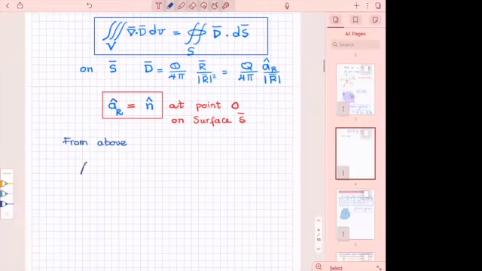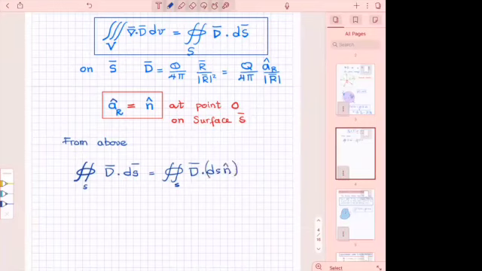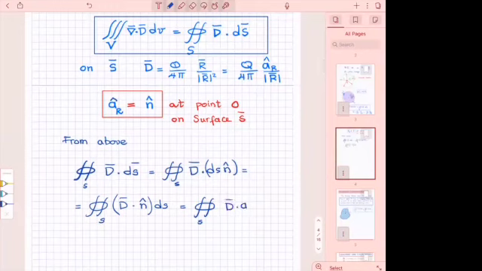We have that this closed surface integral of D dot dS is equal to, I will do it slowly, D dot N dS, and is equal to the closed surface integral of D dot AR at that point, dS.